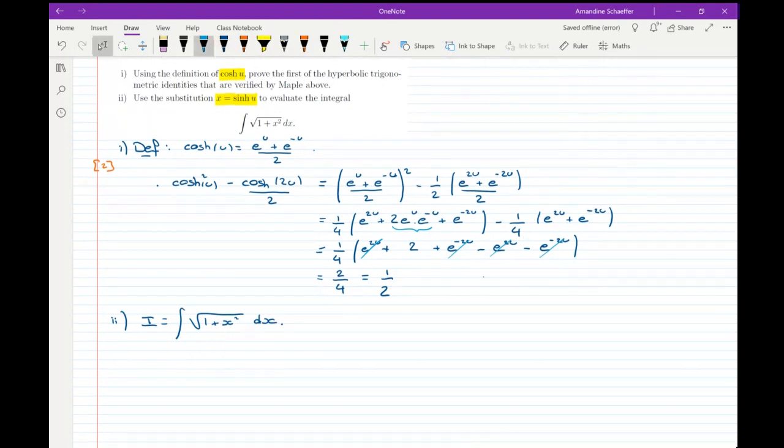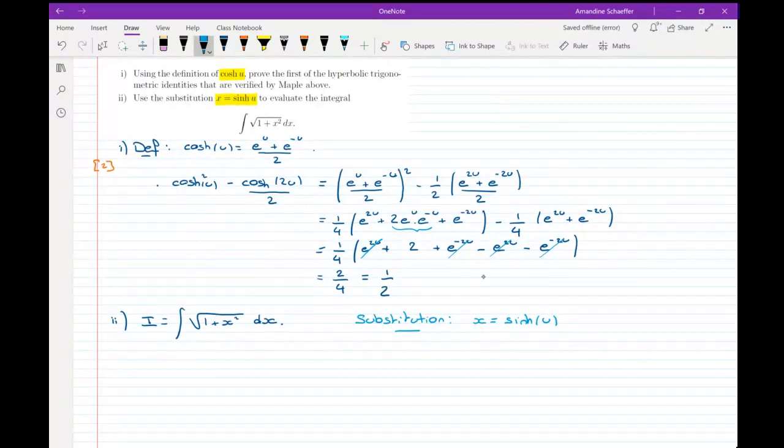Okay, and we know which substitution to use. We're going to use x equals sinh u, hyperbolic sine of u.